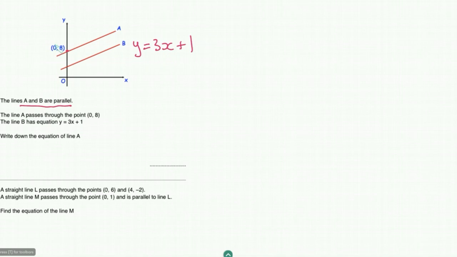Therefore, the fact we learned on the last page is parallel lines always have the same gradient. So straight away, we know the equation of line A is y equals 3x plus c. And we have to find the y-intercept. And we can see this line crosses the y-axis at 8. So our final answer is going to be y equals 3x, and our y-intercept is plus 8. That was an easy one.